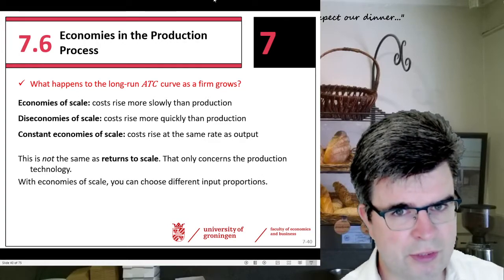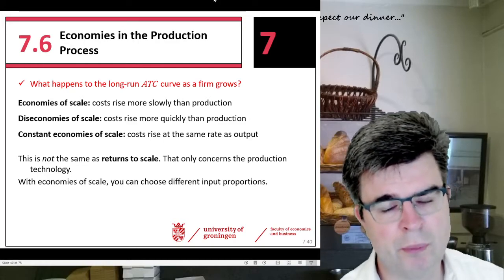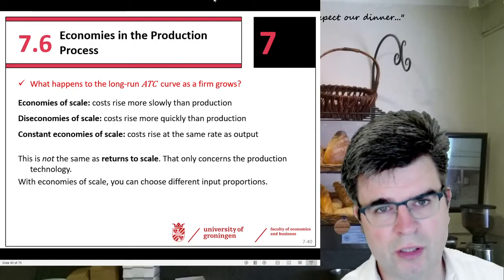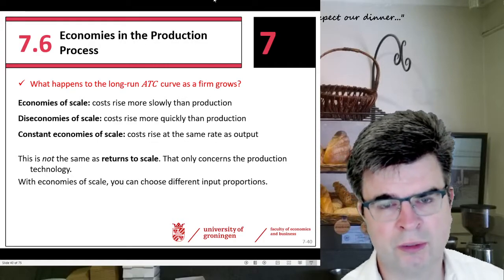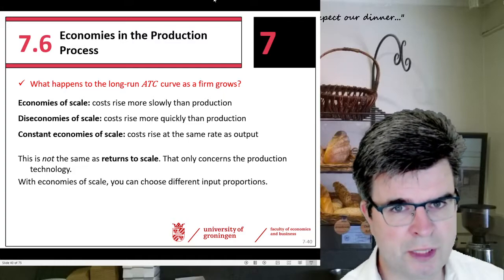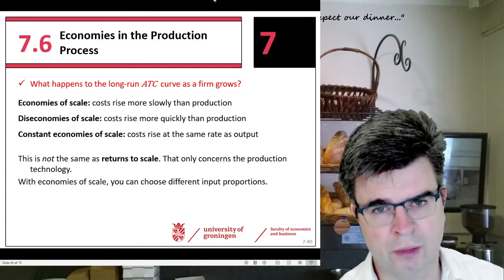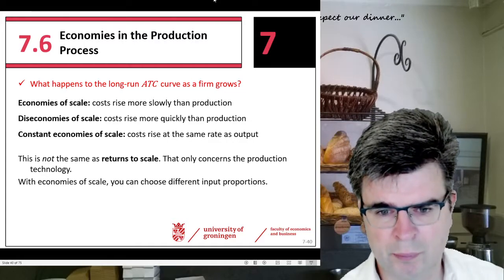Notably, this is not the same as returns to scale. When we talk of returns to scale, we only consider the production technology and not the cost of producing output, whereas with economies of scale, we can also vary the units of capital and labor that we use.